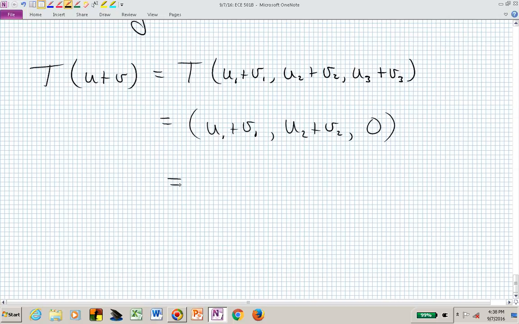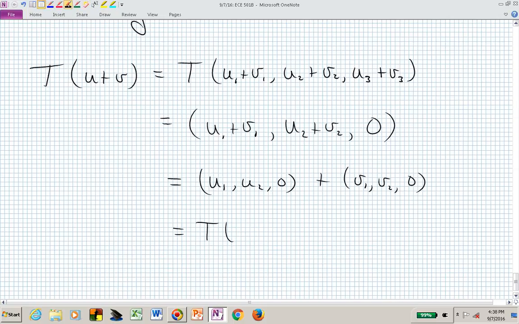But knowing what we know about vectors, we could write this as (u1, u2, 0) plus (v1, v2, 0). But that is simply T of u. Well, maybe I'm getting ahead of myself. Let me just go ahead.